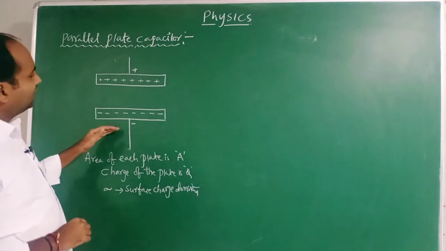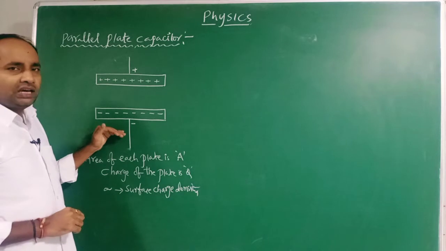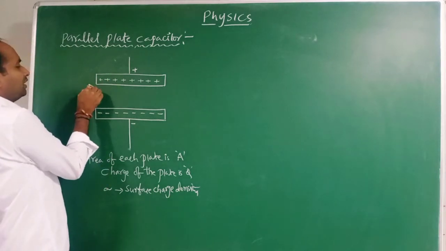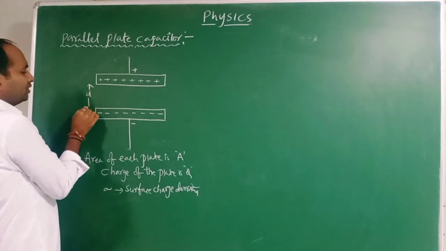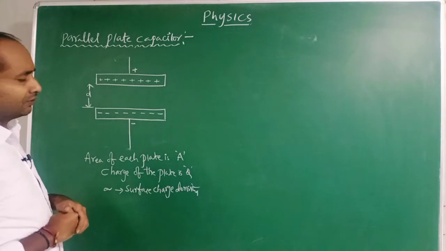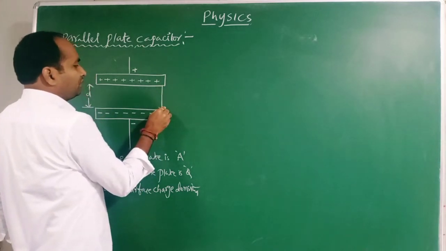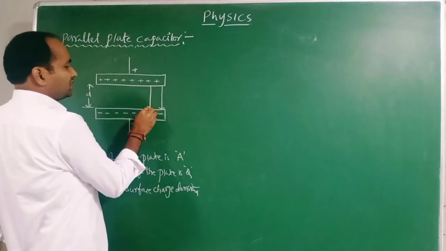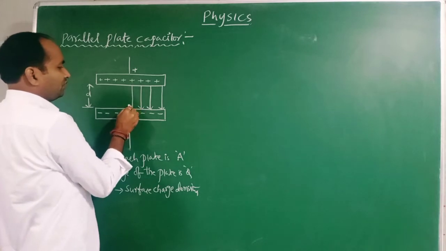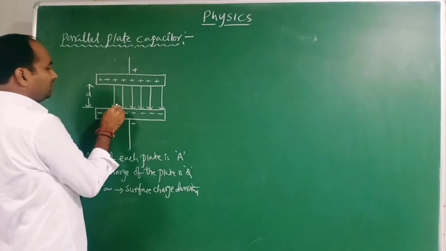In the same way, in region 2 the electric field intensity also becomes 0. Now these two plates are separated by a distance d. So a uniform electric field is set up in between the plates, directed from the positive charge to the negative charge. The lines of force indicate the field is uniform here.